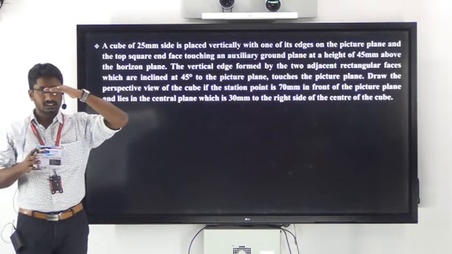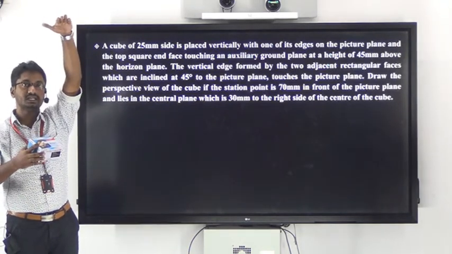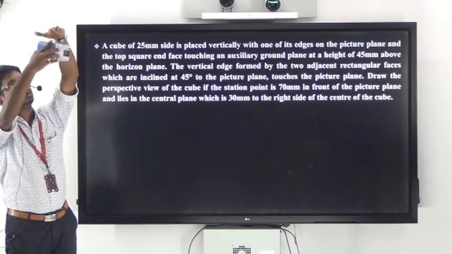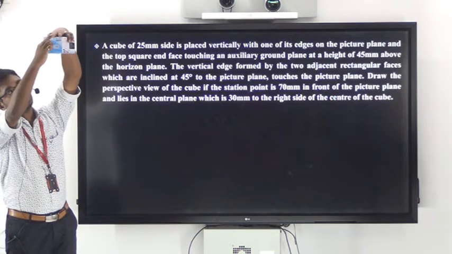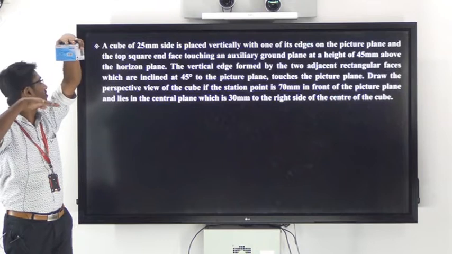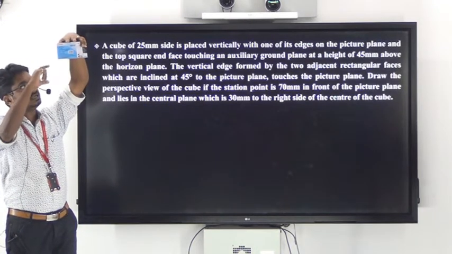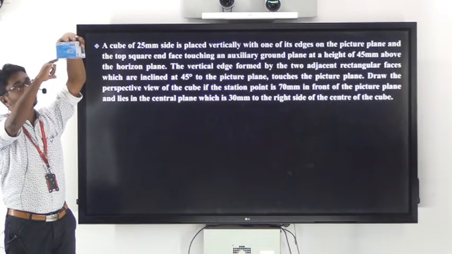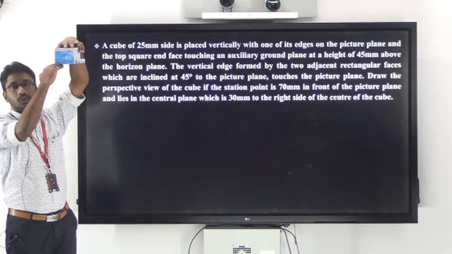So this is the observer's eye, and we have an auxiliary ground plane which is at a distance of 45 mm from the observer's eye, and the cube is placed like this. So here the height difference between the auxiliary ground plane and the horizon plane is 45 mm and the side of the cube is 25 mm. That means the observer's eye is at a distance of 20 mm below the bottom face of the cube.